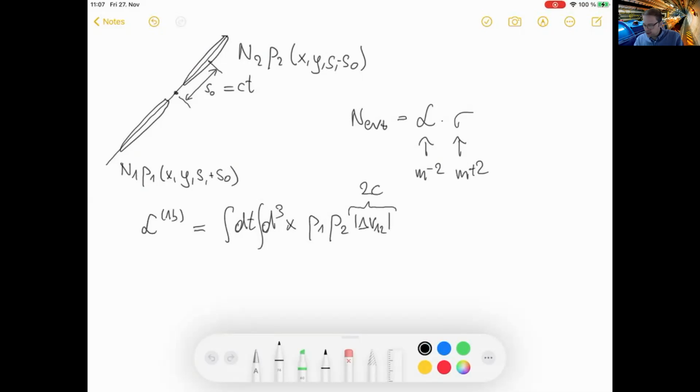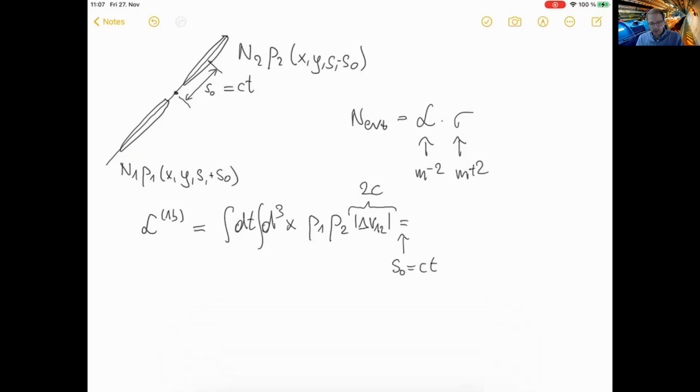We now change variables. I call the variable z in the direction of the beam s, and we change the variable of time to s0, we just call s0 = c times t.